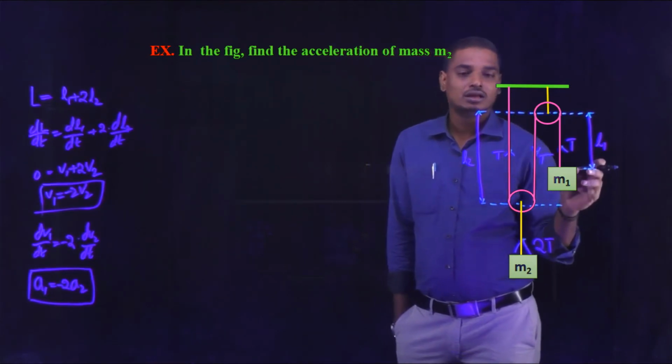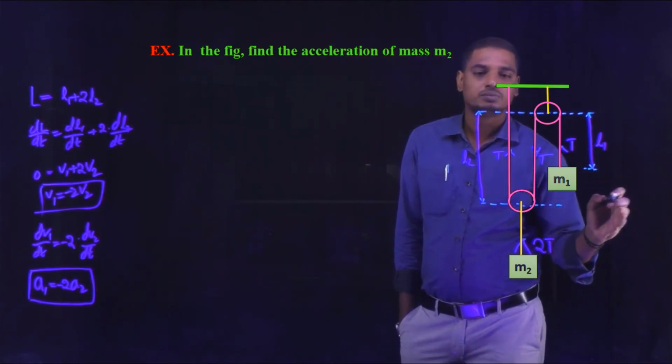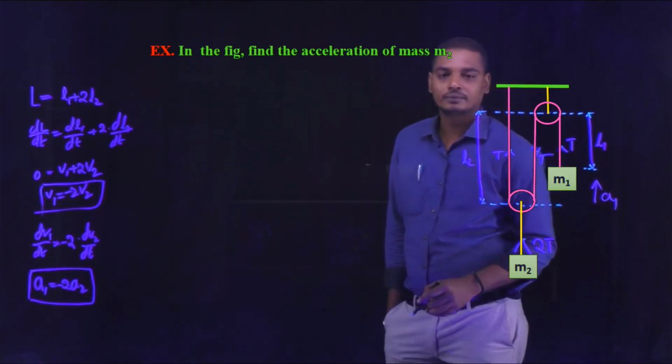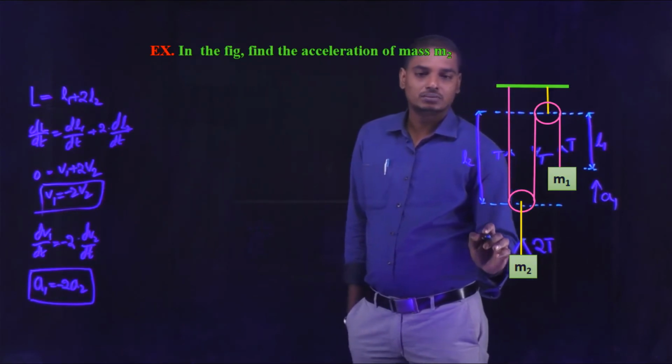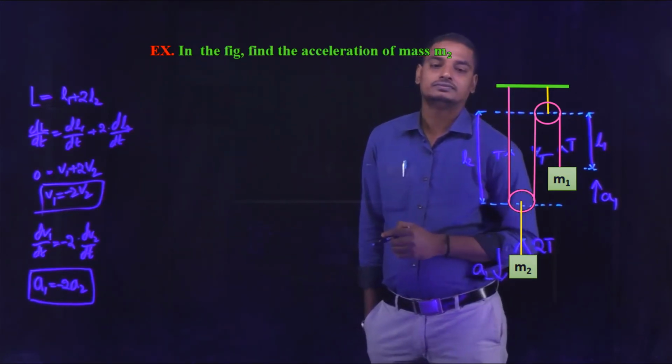Let this block of mass m1 be moving upwards with an acceleration a1, and this block be moving downwards with an acceleration a2.